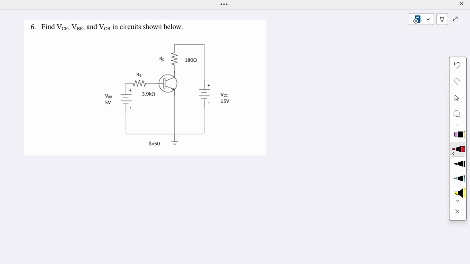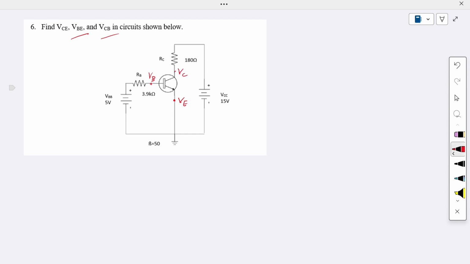Question number 6. Find the inter-terminal voltage between collector-emitter, base-emitter, and collector-base. This is the NPN transistor. This is our base voltage, this is our emitter voltage, and this is our collector voltage.